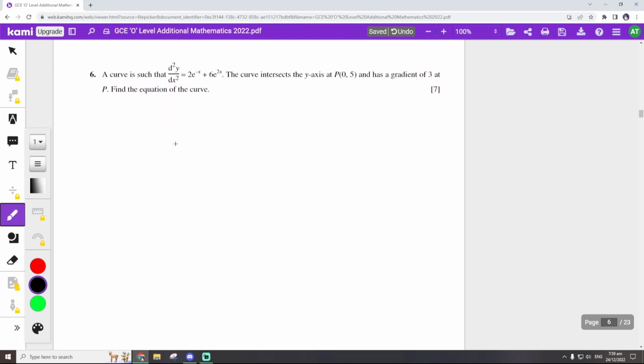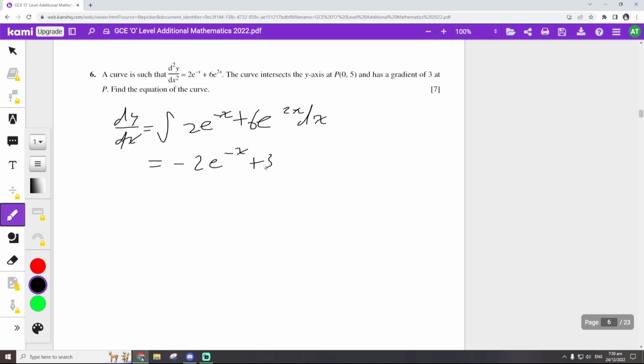A curve is such that d squared y over dx squared is 2e to the minus x plus 6e to the 2x. If it intersects the y-axis at P(0, 5) with gradient 3 at that point, find the equation of the curve. So dy/dx is the integral of 2e^(-x) plus 6e^(2x) dx, which is minus 2e^(-x) plus 3e^(2x) if you apply the exponential integration rules, plus c1, some constant.